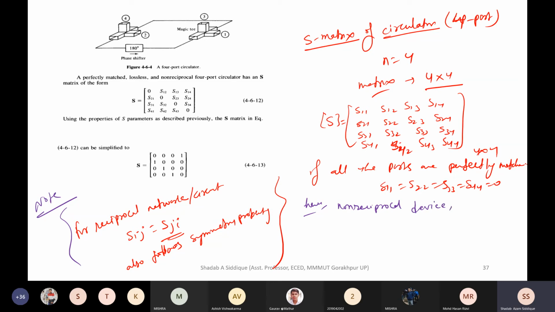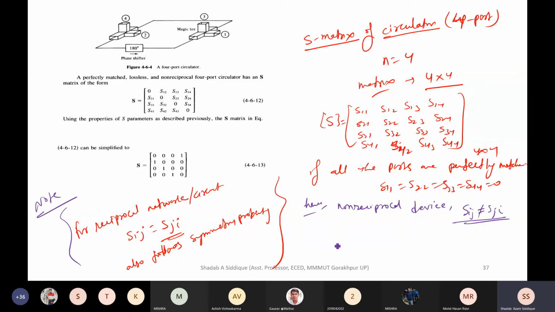This circulator is a non-reciprocal device. So that means it should not follow the Sij is equal to Sji property. Sij is equal to Sji is not true. So at that time we cannot say S12 is equal to S21. That is different, because 1 to 2 is different from 2 to 1.